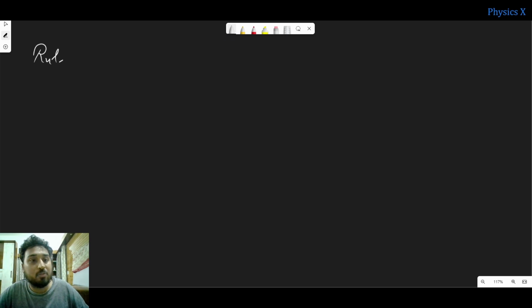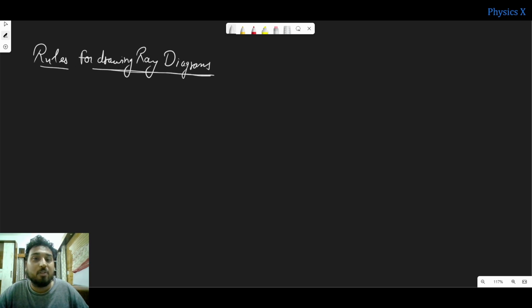So to analyze this, we need to consider ray diagrams, and for drawing ray diagrams there are certain rules. Rules for drawing ray diagrams in case of these mirrors. So first one we will discuss. Let us consider this concave mirror. We have already seen the focus point.